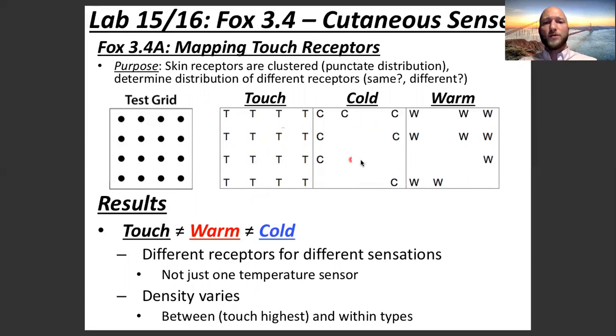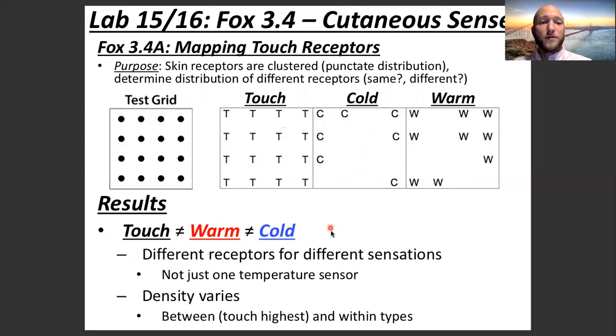With cold, there's usually some students that feel all of the cold probes, and I think that's mainly because of how hard they're pushing down on their skin with the probe. But most students are missing about half of the dots where they don't feel cold at all. And with warm, it's usually about half to about 3/4 of the dots the students feel the warm sensation on.